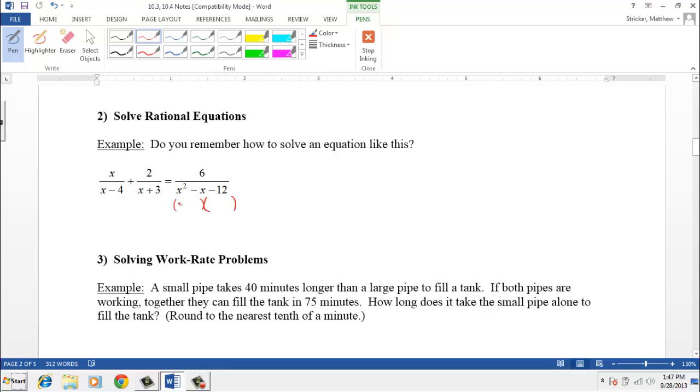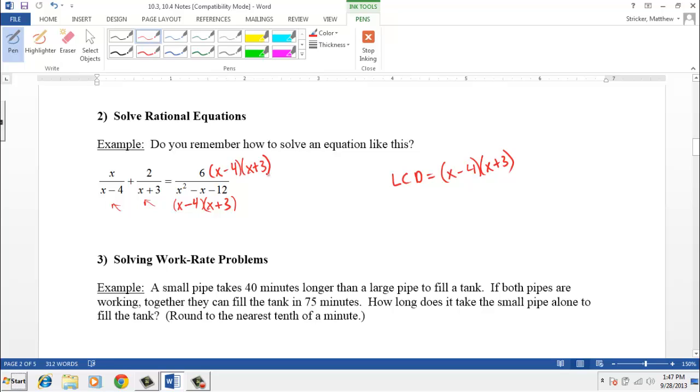If we factor the bottom, we get x minus 4 and x plus 3, which happens to look like these other two denominators right here. So our least common denominator in this case is that most complicated one. It's the x minus 4 and the x plus 3. To get rid of this right-handed denominator, we need to multiply by x minus 4 and x plus 3.